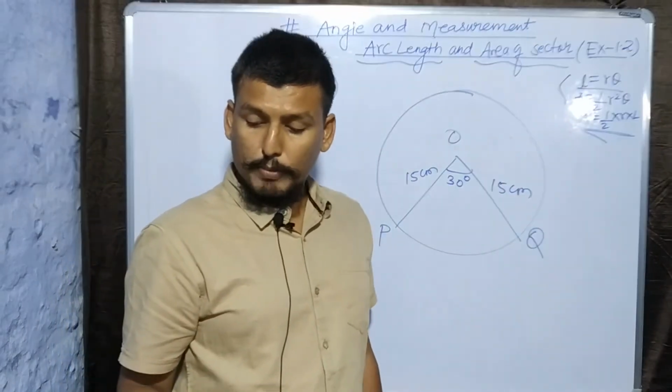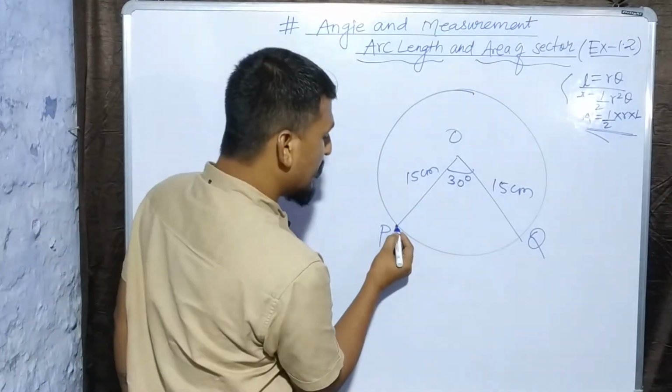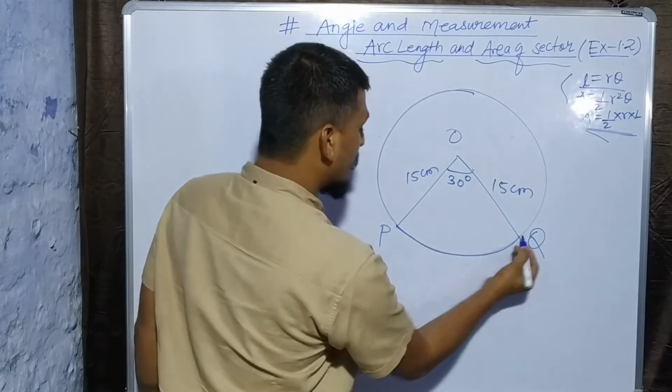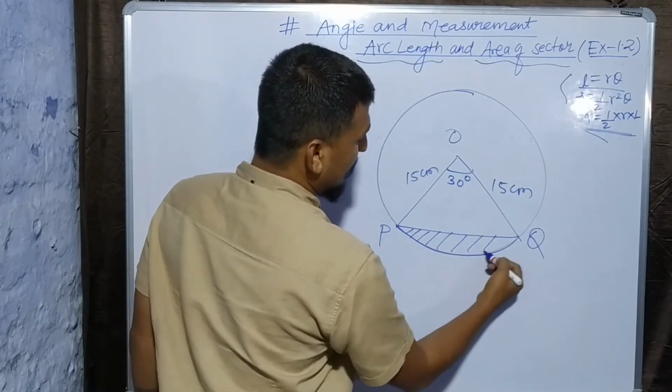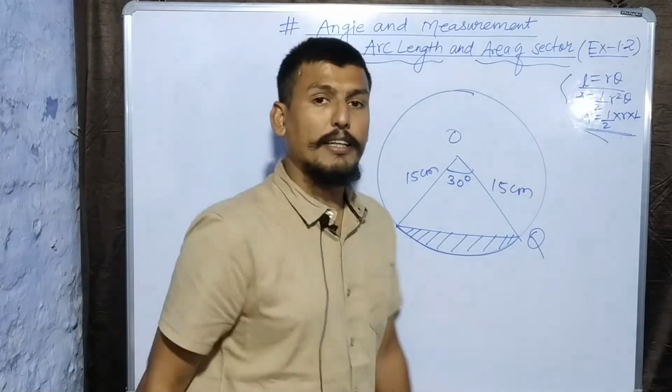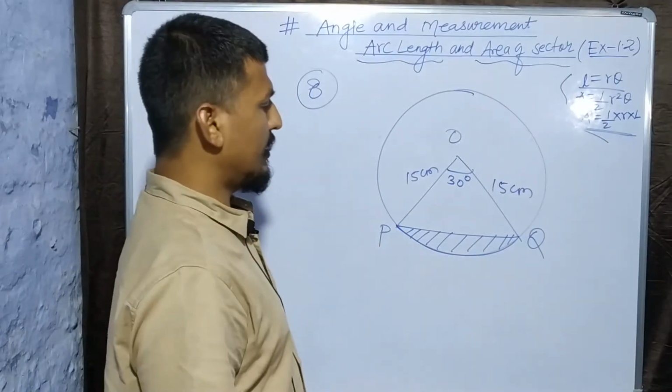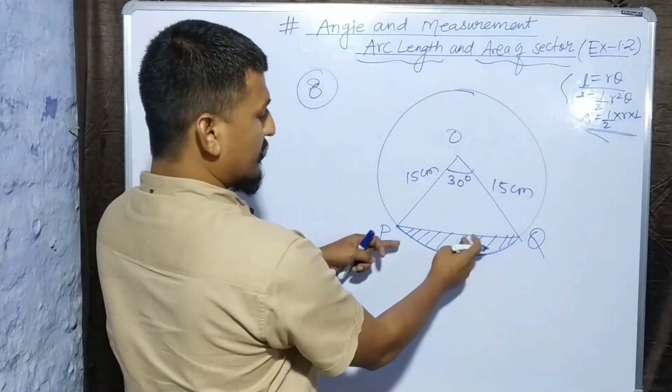Find the area enclosed by arc PQ. Arc PQ is this one, and chord PQ is this one. Again, you have to find the area of this shaded region. So what is the area of this shaded region?